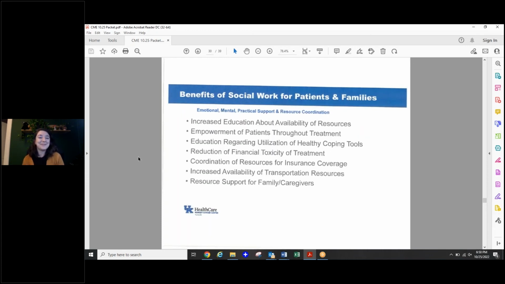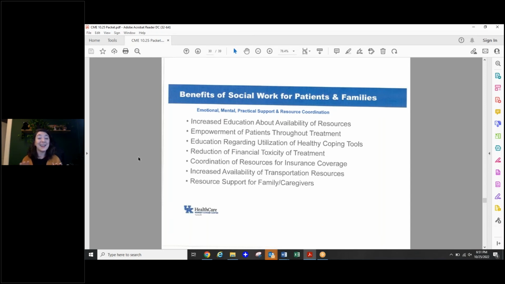So additionally, some benefits of social work for the patients and families in terms of emotional, mental, practical support and resource coordination. We can increase education about availability of resources. Like Sabrina said, they may have heard of things in their community, but they may not know how to access them. They certainly have heard of the American Cancer Society, but may not know about things like the Hope Lodge or WIG resources. We can empower patients throughout the treatment process.